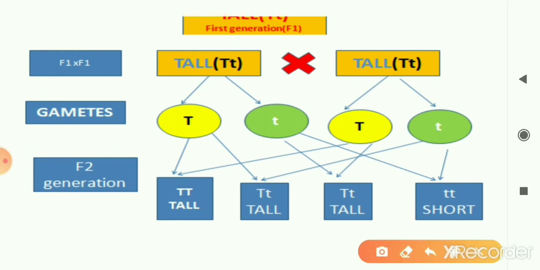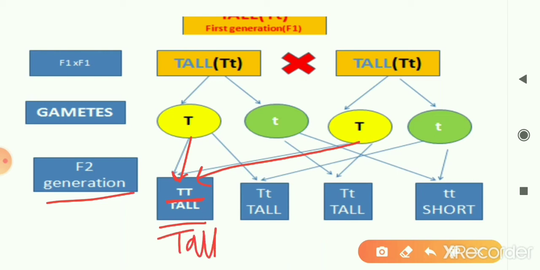So if a gamete carrying the factor for tallness fuses with another gamete which also carries the factor for tallness, then the resultant progeny, that is the F2 generation, will have two factors for tallness, and so the plant will be tall.